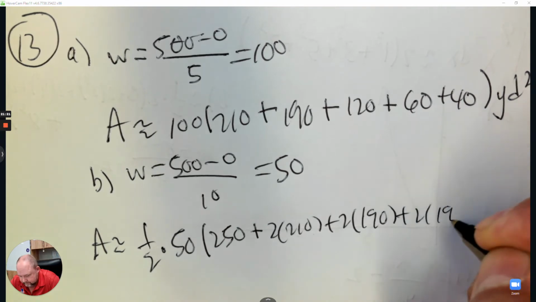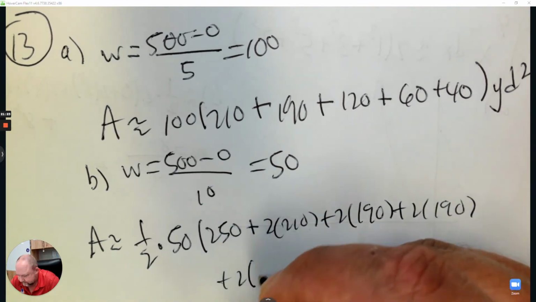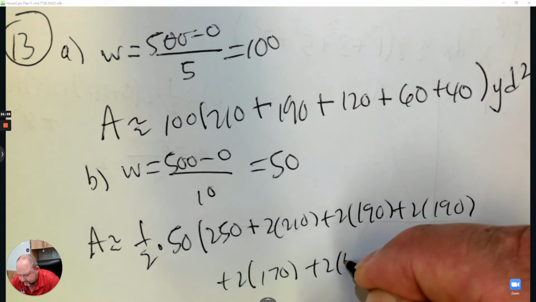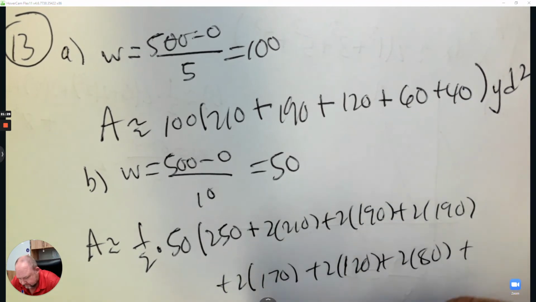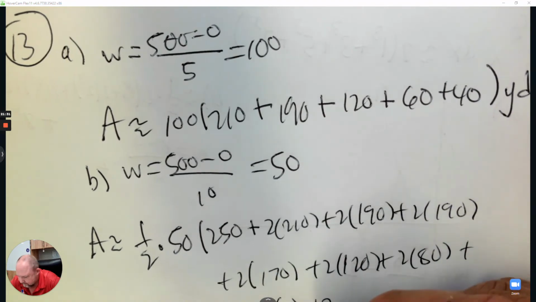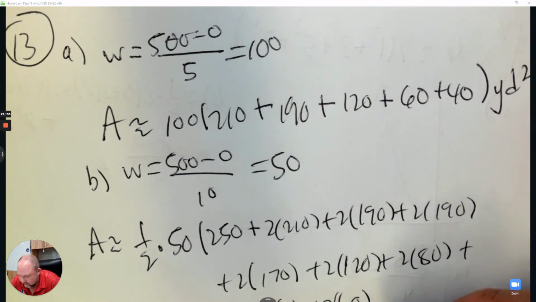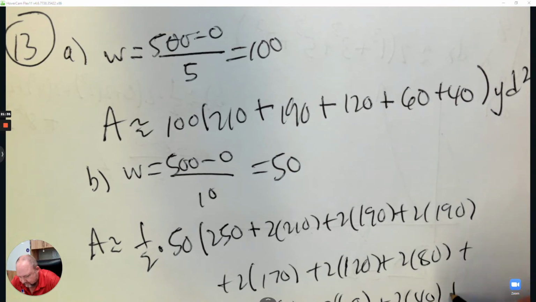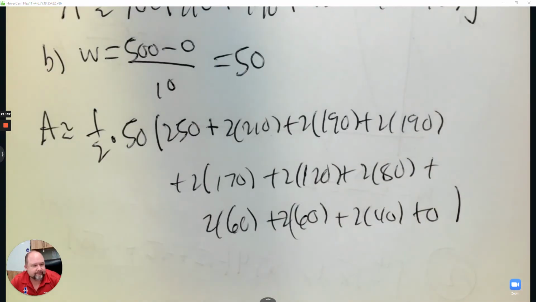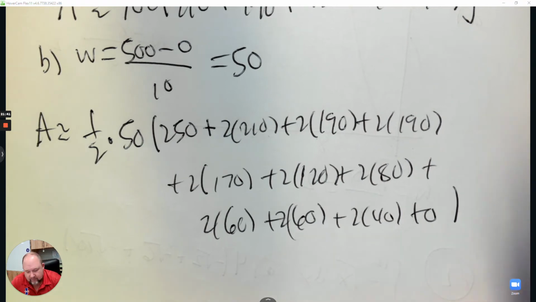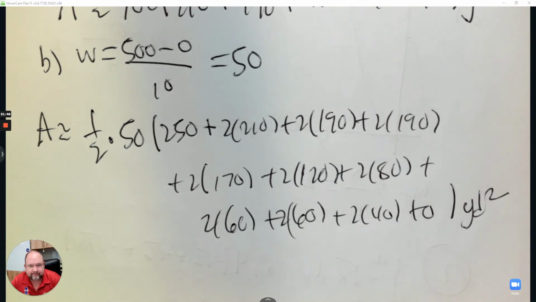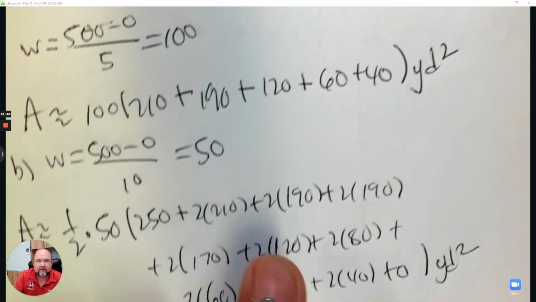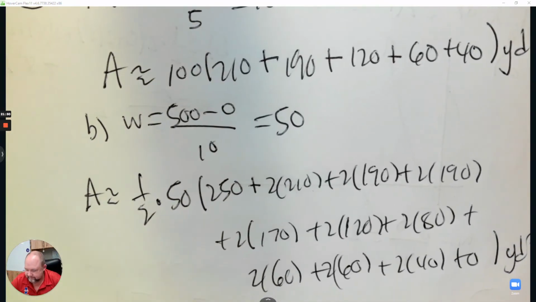You double each of the middle ones, and you don't double the first and last. And again, that would be in yards squared. That's the trapezoidal rule, and the other was a midpoint Riemann sum.